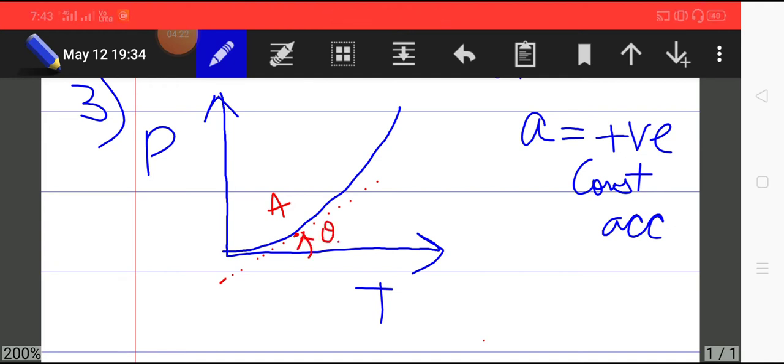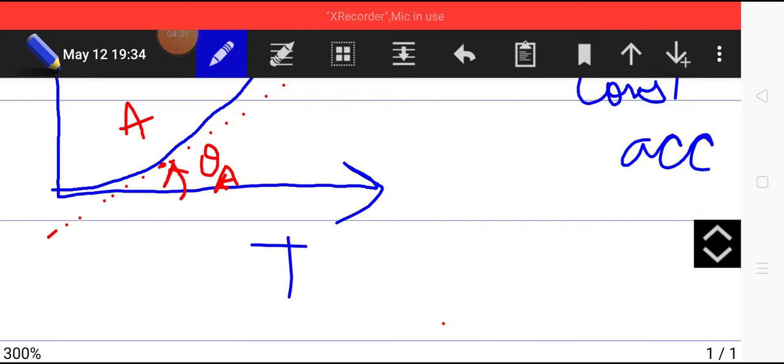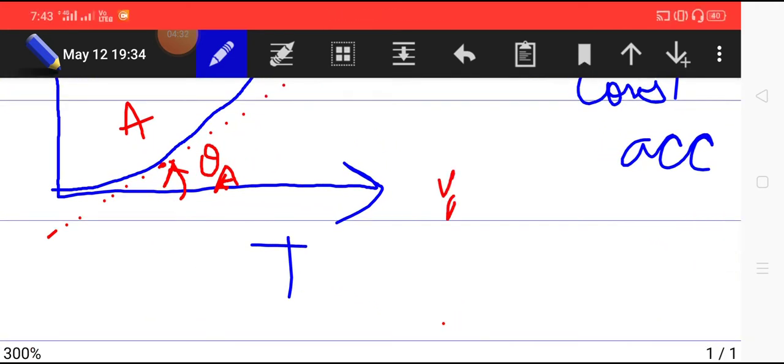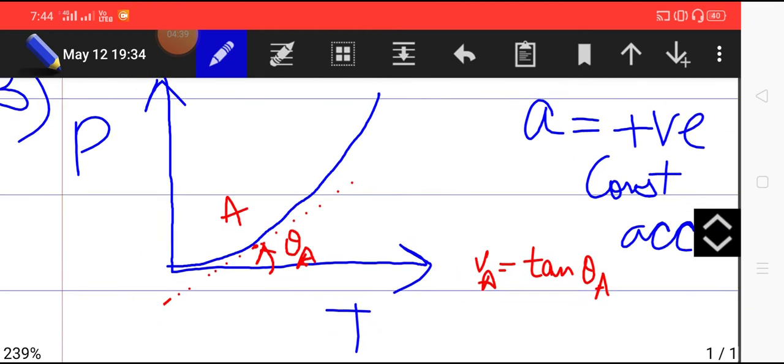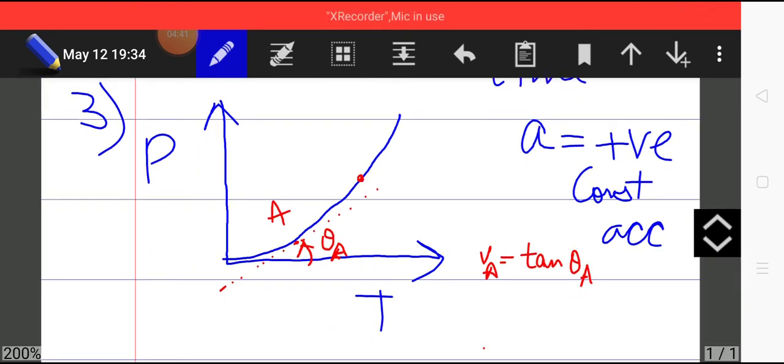So this is going to be theta A, the inclination at point A, and the velocity at point A is going to be tan theta A.